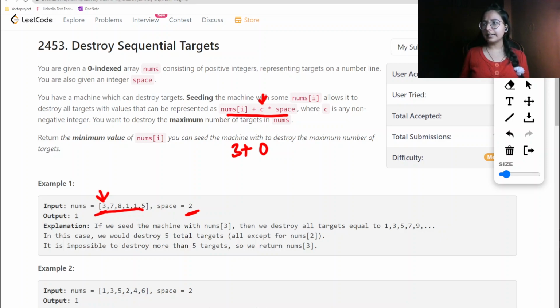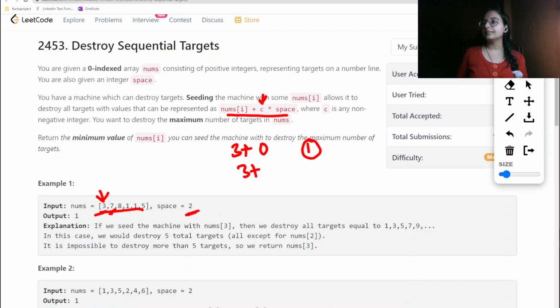If we seed the machine with nums[3], then the destroyed targets are equal to this. I'm just taking an example. So we have chosen this 3, right? So we destroyed one element. Now we go ahead with this formula. For this particular 7, what is the nearest we can make with spaces?